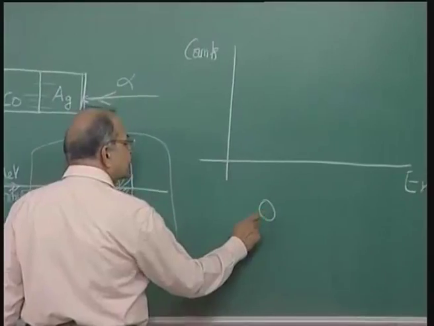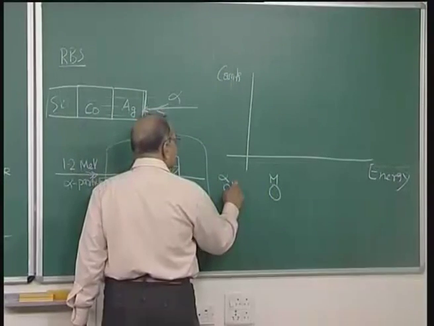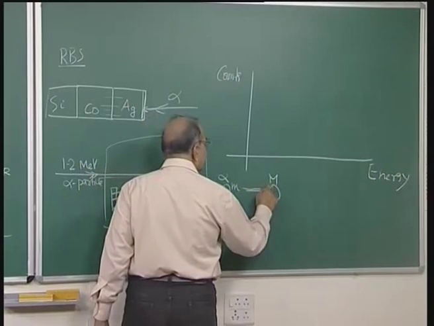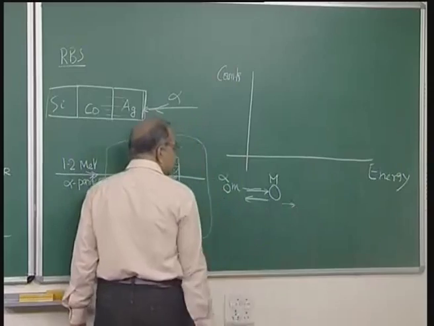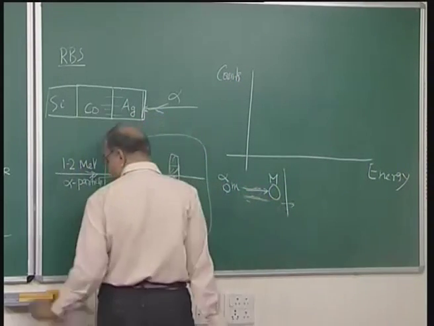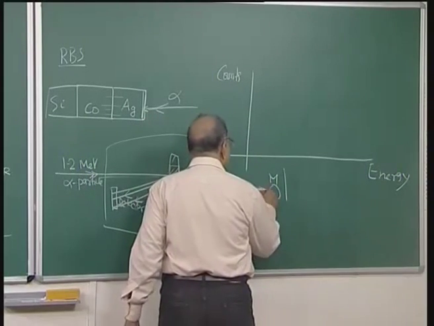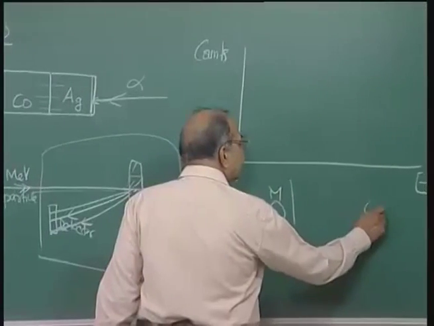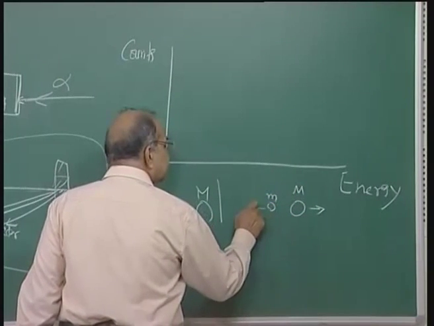If you have a nucleus here, mass capital M, this is the alpha particle, mass small m, and suppose it goes and comes back and the nucleus goes in this direction. This is the initial condition, and after scattering, capital M will go in this direction and small m will go in this direction.